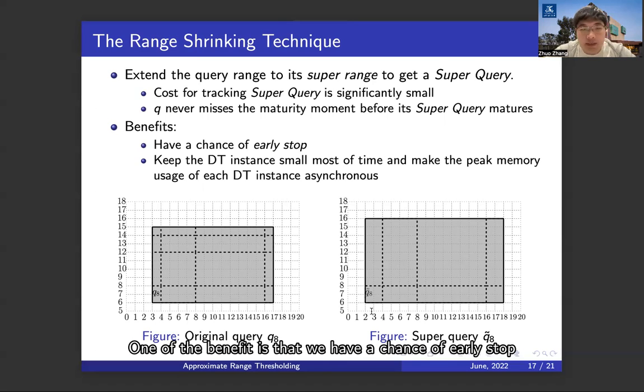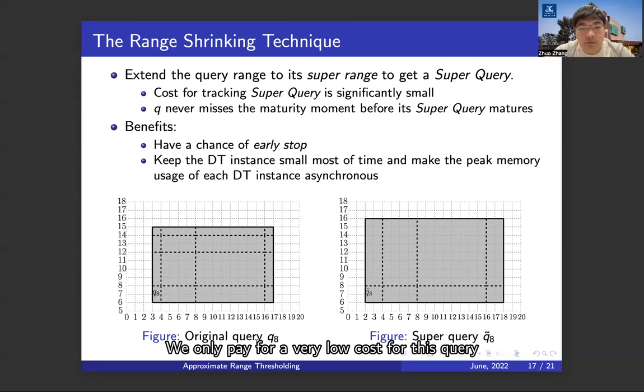One of the benefits is that we have a chance of early stop. That means when the super query reports maturity, we need to collect the precise counter sum of the original query. If we are lucky enough, we will find the original query is already epsilon matured. So we can just report maturity without running the DT instance for the original query.